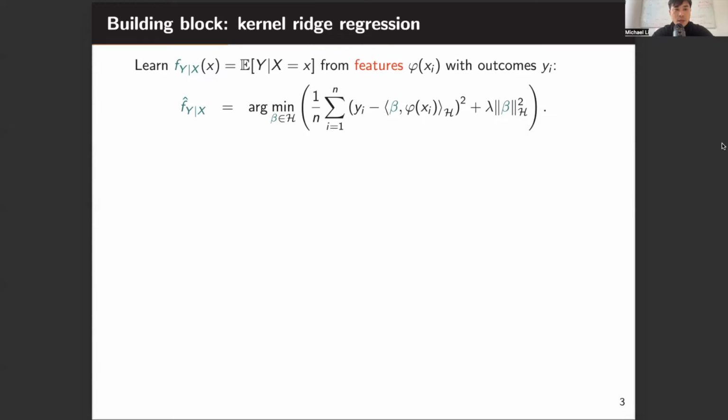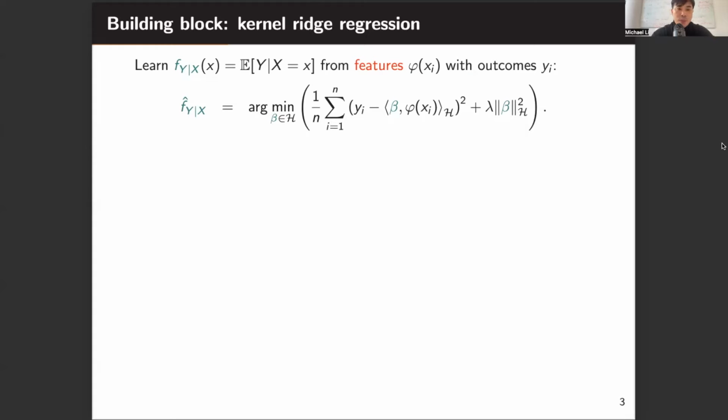Our empirical estimator f hat y given x is the minimizer of the loss function, which is the squared distance between y_i and the inner product between beta and phi(x_i), plus some regularization term, which is the squared norm in our case.